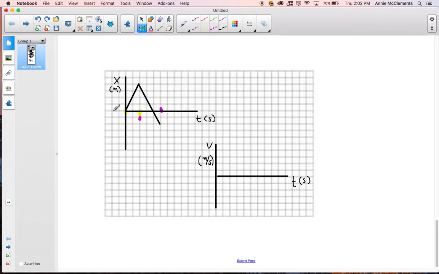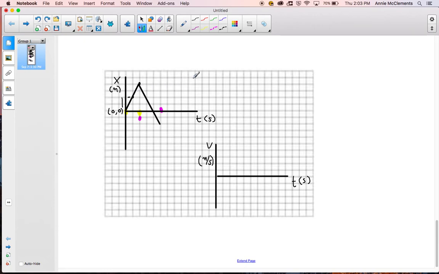One point we could use to solve for our velocity would be the origin. It definitely starts there. It appears to go through 1, 2, as well as 2, 4, on this first line. If we count squares, we're going to rise 2 and run 1 square.